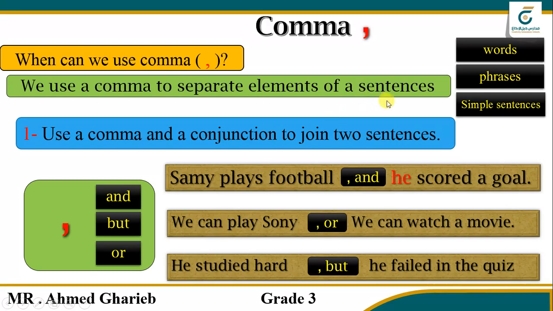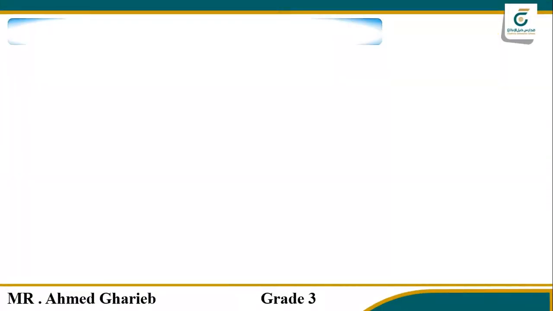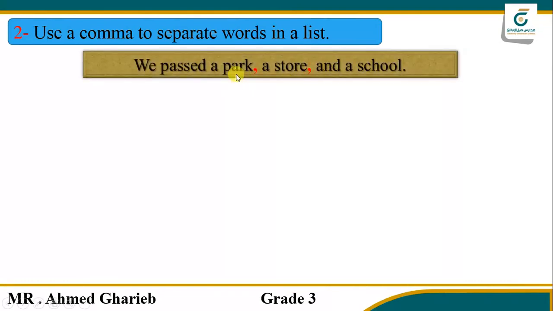Alright, now let's talk about the comma to separate words. Also, we can use a comma to separate words in a list. How? We passed by a park, a store, and a school. As you see, three names, and it's a list of names.